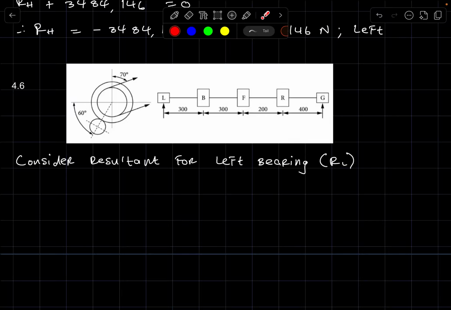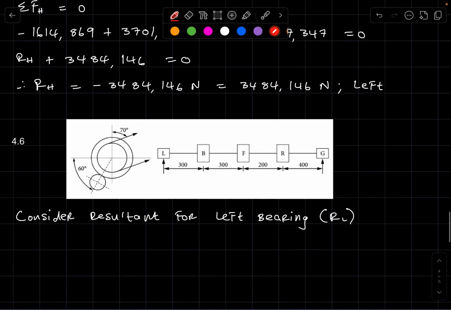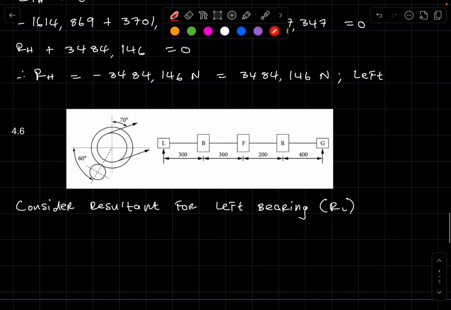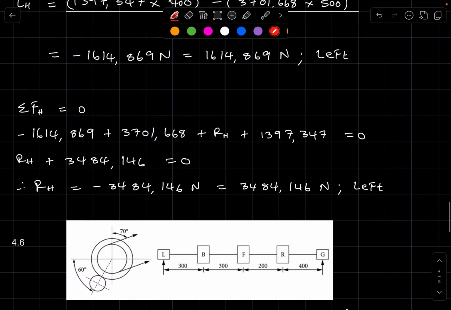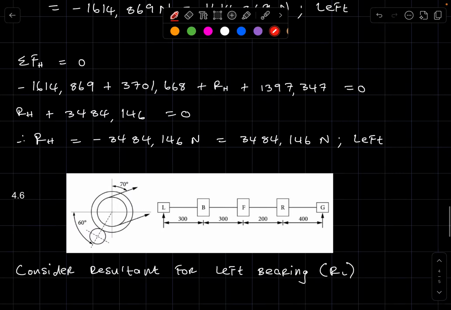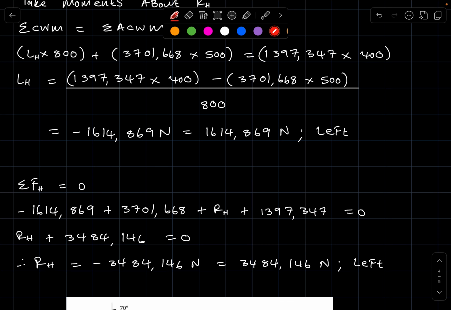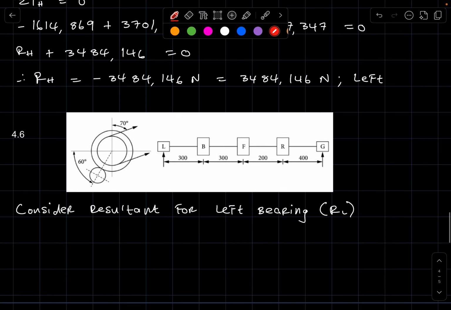Right, now if you look here, you have the component of the reaction acting along the horizontal plane, that is LH. If you go to LH, LH is headed left.